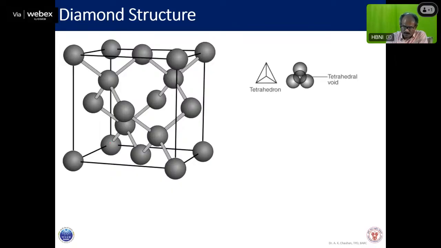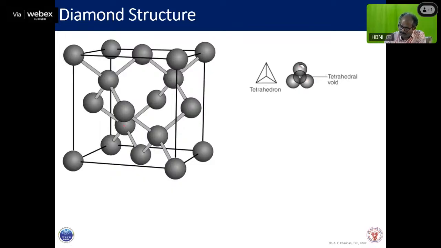Now, if you actually want to visualize how this structure is formed, imagine, as I told you two slides before, that you have 3 spheres and you put another sphere here. The void which is created among these spheres is called the tetrahedral void.